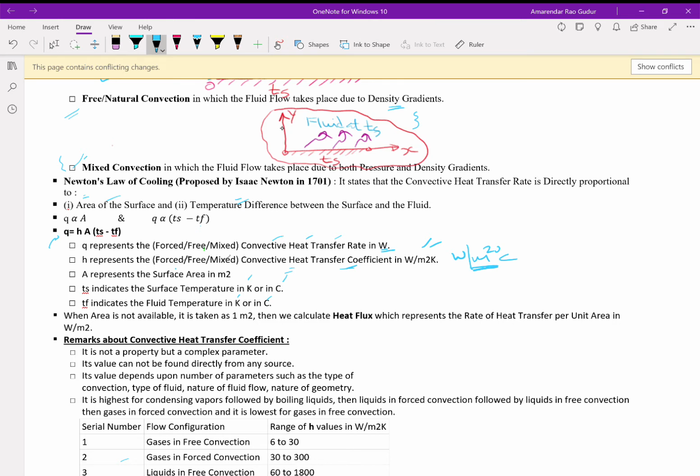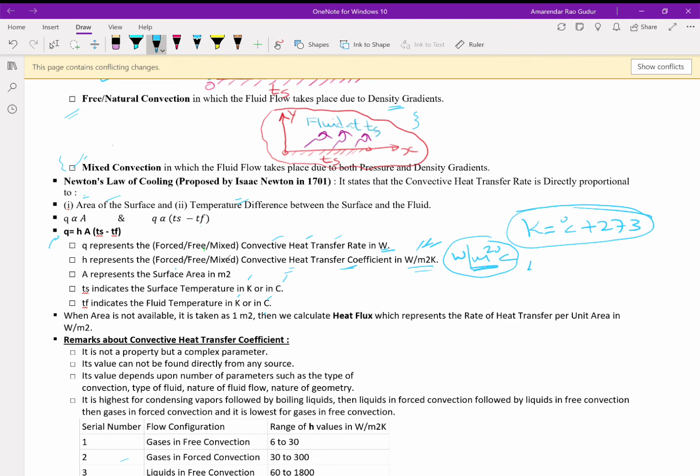It may be noted that when temperatures are taken in Kelvin, h will assume the units of watts per meter square Kelvin, and when temperatures are taken in degree centigrade, h will have the units of watts per meter square degree centigrade. And remember, when we talk about temperature, it matters whether you have it in Kelvin or degree centigrade, because Kelvin is equal to degree centigrade plus 273.